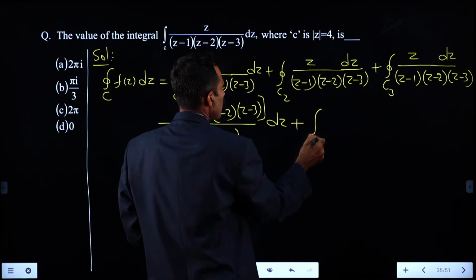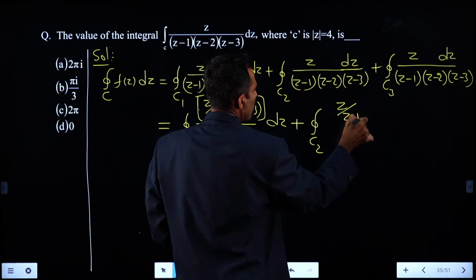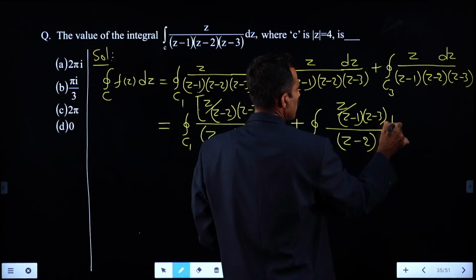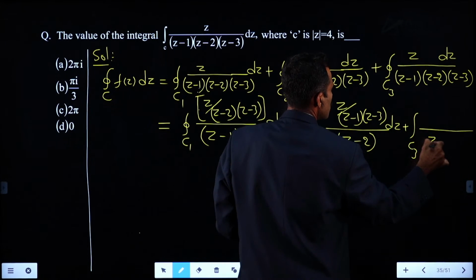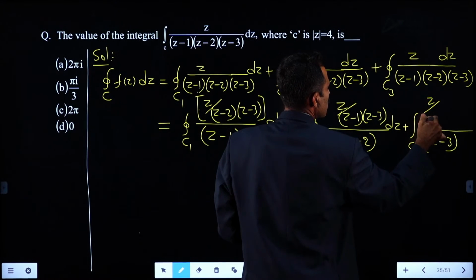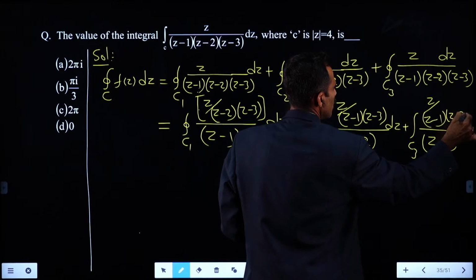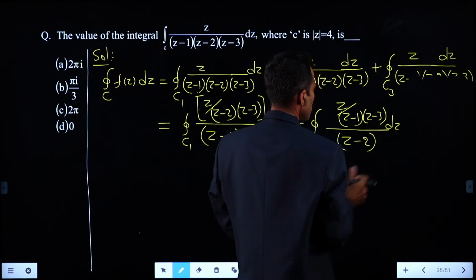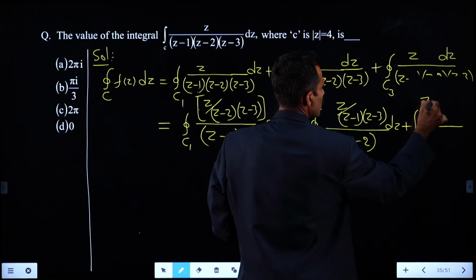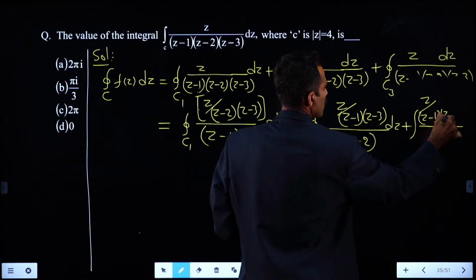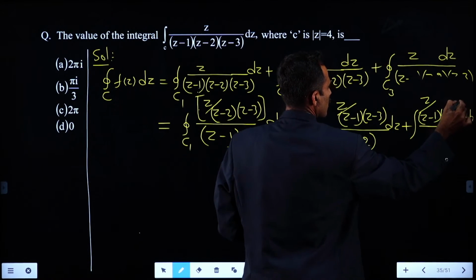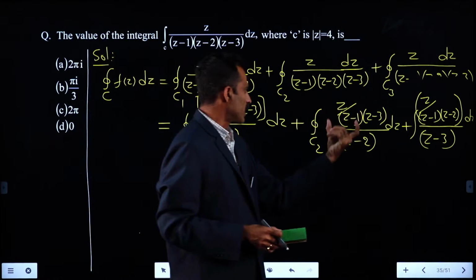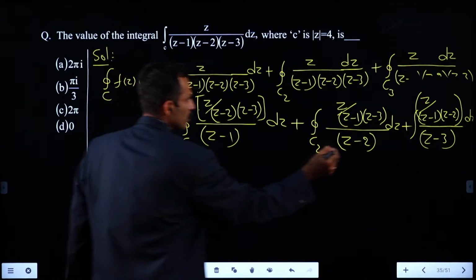Integral over C2 of z by (z minus 1)(z minus 3), with denominator z minus 2, dz, plus integral over C3 of z by (z minus 1)(z minus 2), with denominator z minus 3, dz. Again phi of z by z minus z naught. This is for C3.